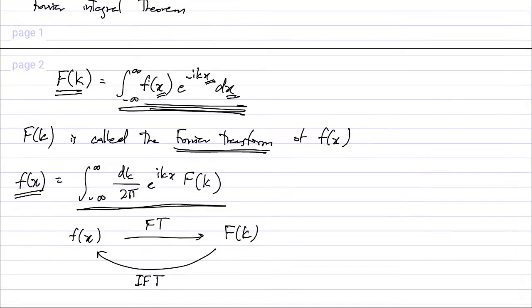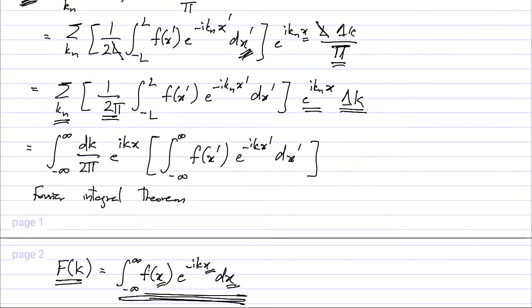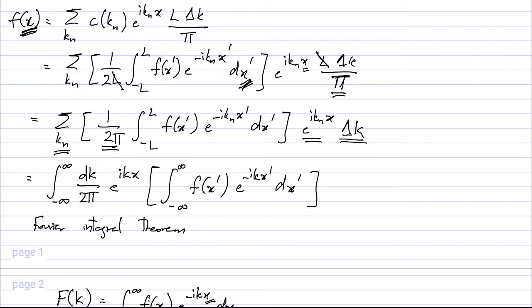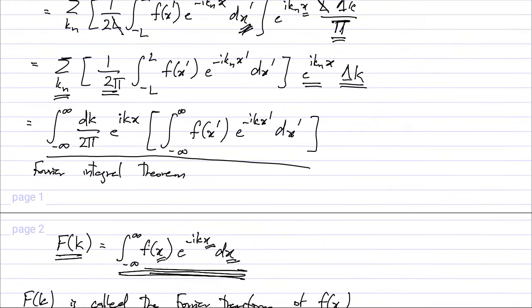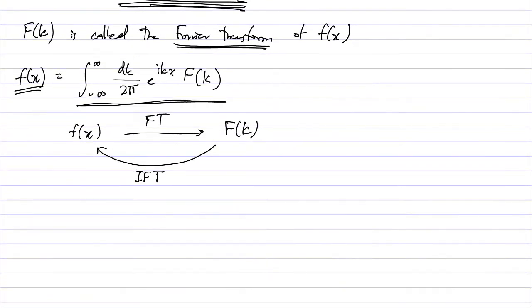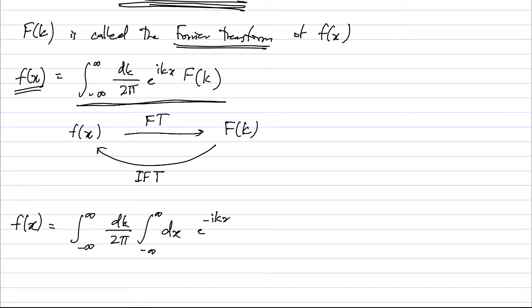Now one thing that I should make clear is that if you go back to the Fourier integral theorem, let me just rewrite that. f of x is equal to the integral from minus infinity to infinity of dk over 2 pi, times the integral dx prime of e raised to the power minus i k x prime f of x prime.